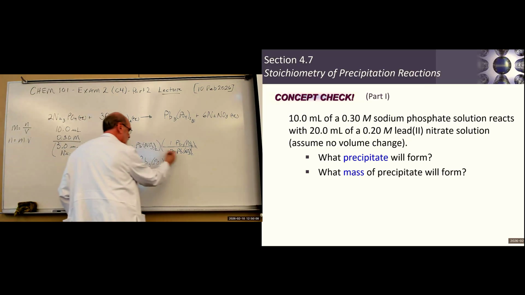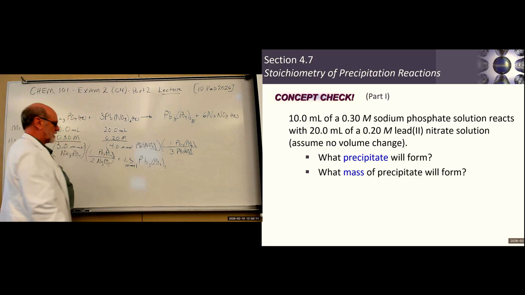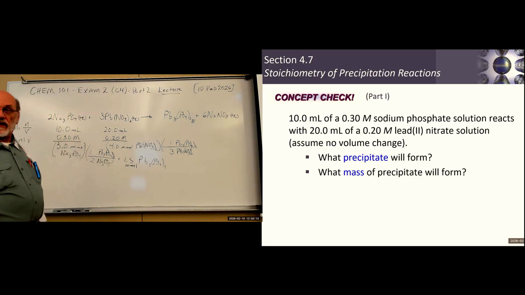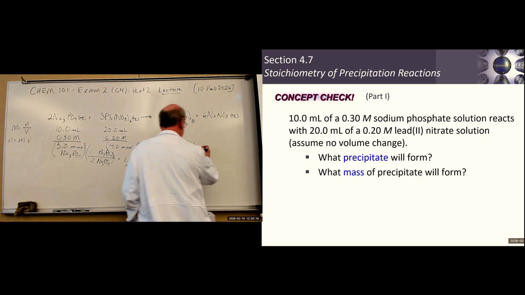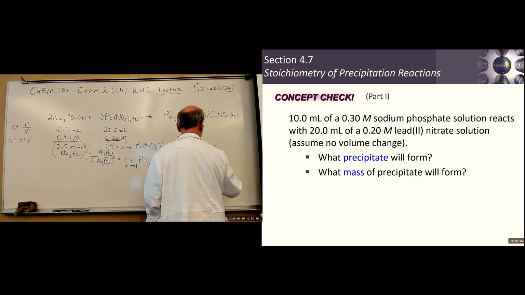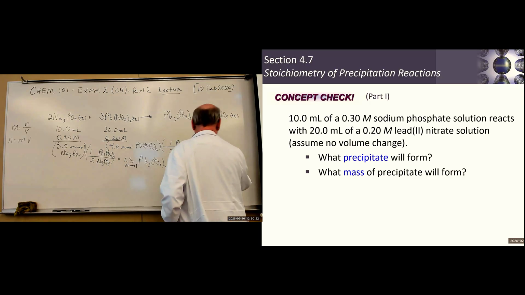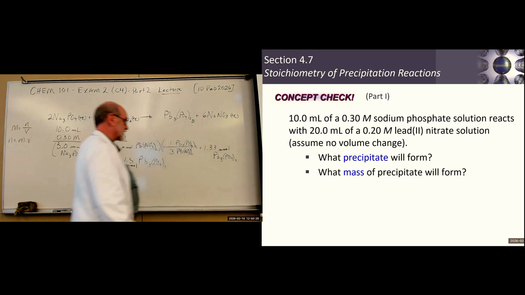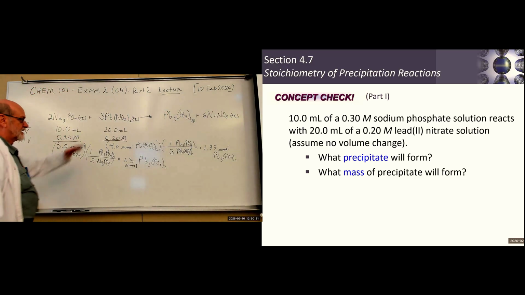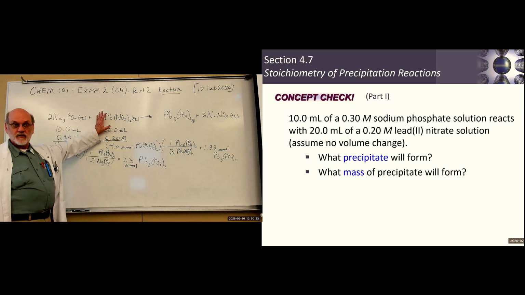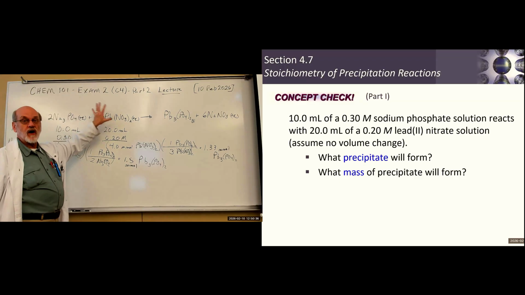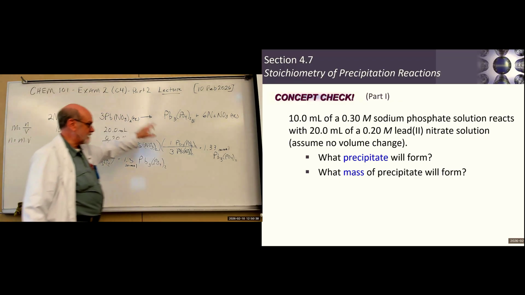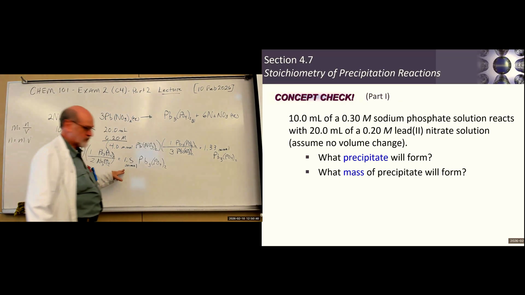Okay, so this one cancels, and 3 into 4 is 1 1/3, right? So that's 1.33 millimoles of lead 2 phosphate. Okay, now we can say which one is limiting? This one. We'll have some of this left over, but we're going to use all of this to make that much because 1.33 is less than 1.5.